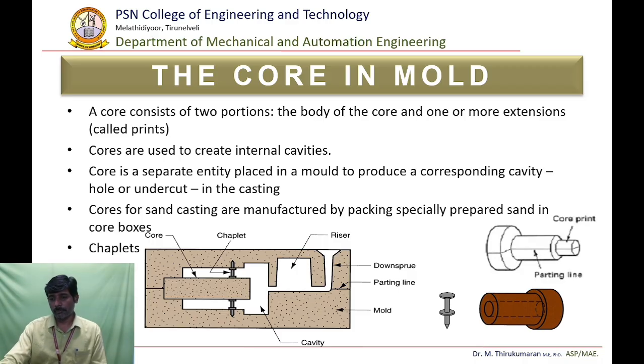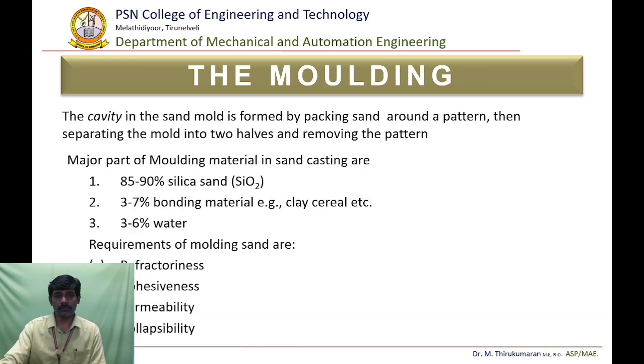This is very important, because here we do not use normal sand. For the casting process we use special sands. So let me see what the special sand casting methods are.